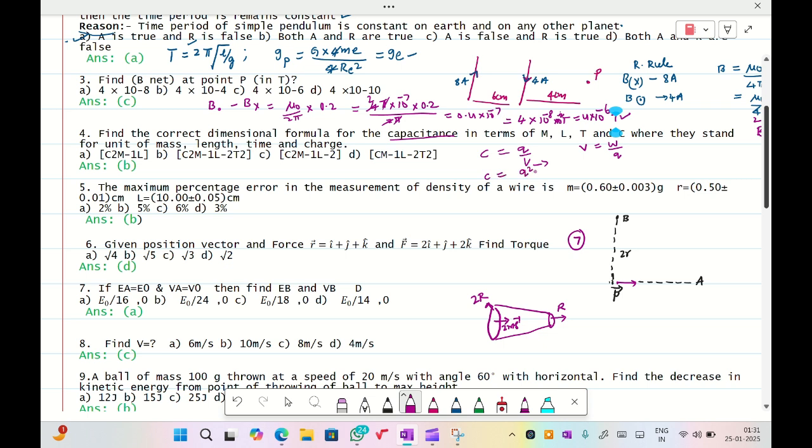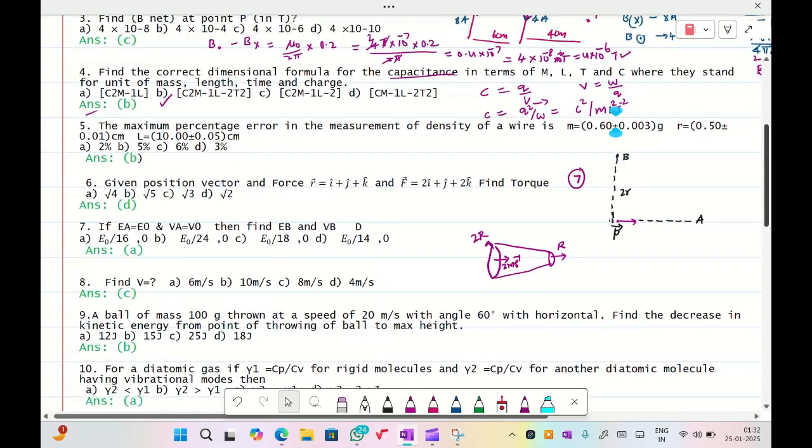I know the dimensional formula of work done, M L square T power minus 2. So I can write Coulomb square by work done, and this all will come as M power minus 1 L power minus 2 T power 2 C square. So answer B is correct.